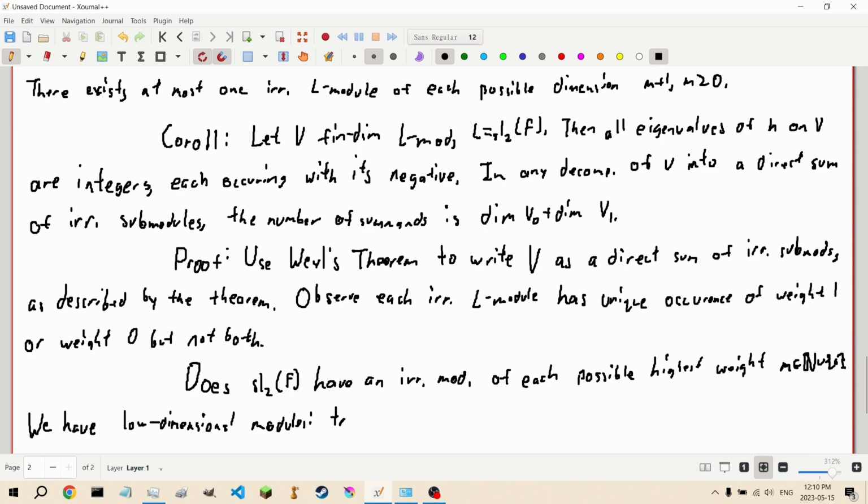The trivial module is going to have dimension 1.